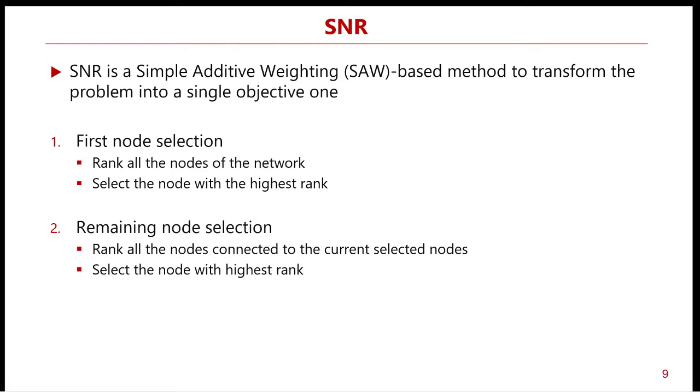In the first node selection phase, we rank all the nodes in the network graph and we select the node with the highest rank as the location of the first node. And in the remaining node selection phase, we rank all the nodes connected to the currently selected nodes and select the node with the highest rank as the remaining node. So we repeat this procedure until the desired number of worker nodes has been selected.